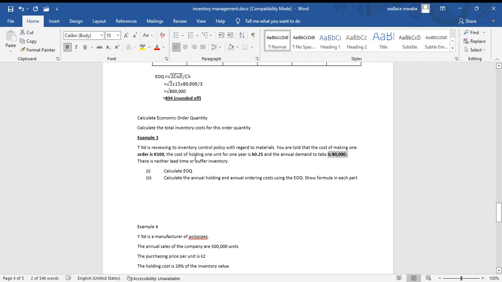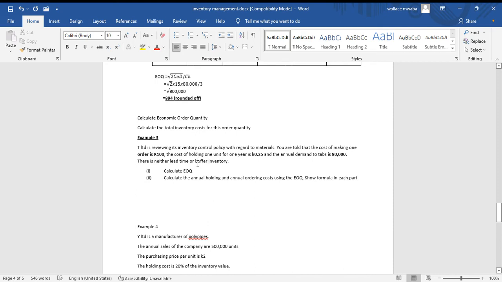There is neither a lead time nor buffer inventory. This is just the inventory you have to have in case, let's say, there's a delay in an order, or maybe something happens and you can't get your order. You need some inventory as a backup. That's what we're calling the buffer inventory.